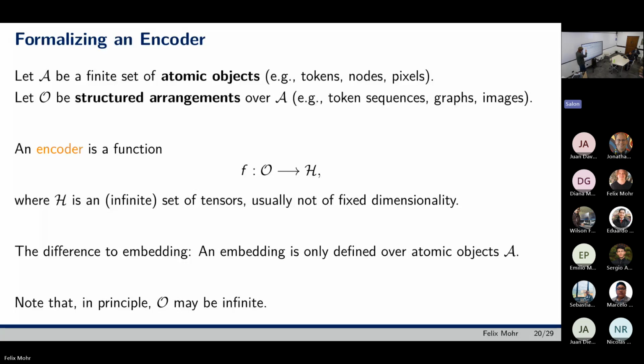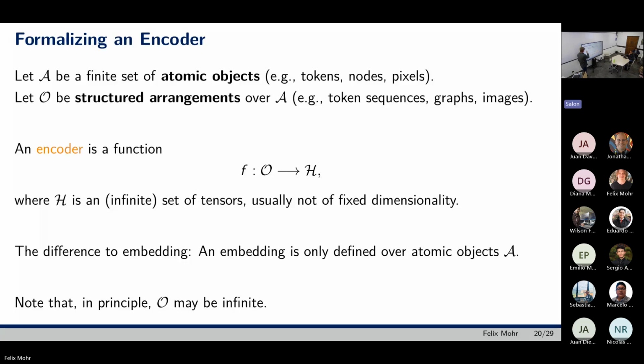Now, importantly, this A here is finite. So I have only a finite number of objects I can talk about. But O can be infinite. In the simplest case, O could be sequences. If I have a fixed number of words, I can still form an infinite number of sequences of these words, right?